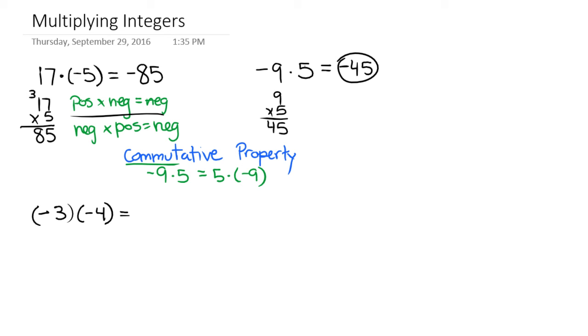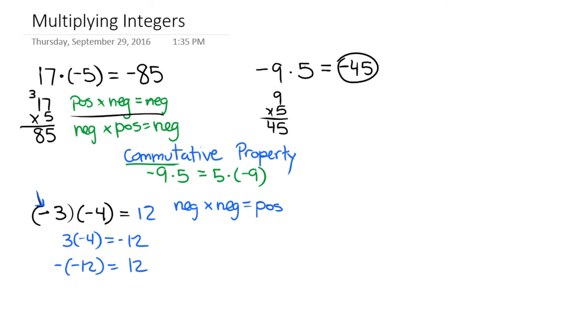Some people say, well, let's think opposites. So if we have the opposite of 3 times negative 4, so if this is negative 12, then the opposite of negative 12 is a positive 12. The main rule here, though, is that if we have a negative and we multiply it by a negative, it will come out to be a positive.